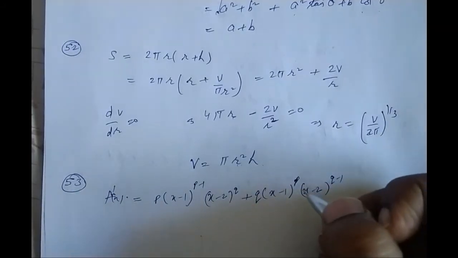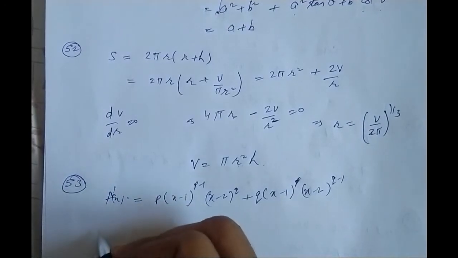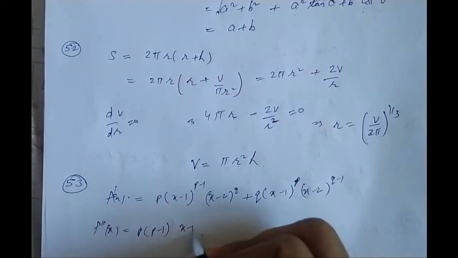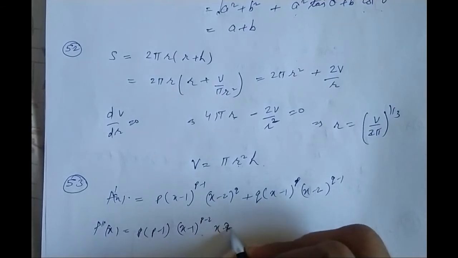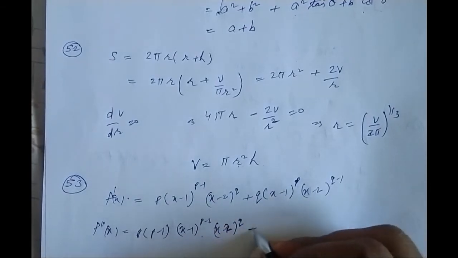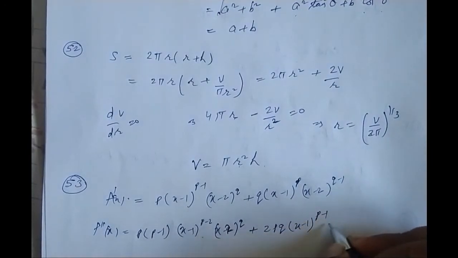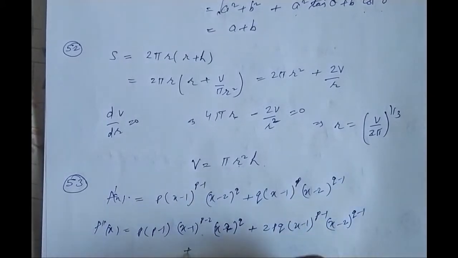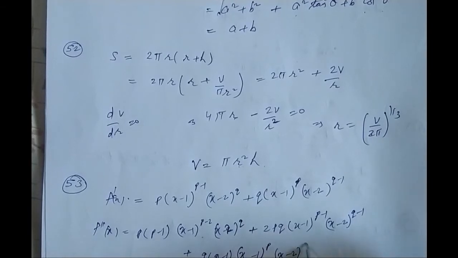Now f double dash would be p minus 1, p minus 2 (x minus 2) power q plus 2pq (x minus 2) power q minus 1 plus q minus 1 (x minus 1) power p and (x minus 2) power q minus 2.